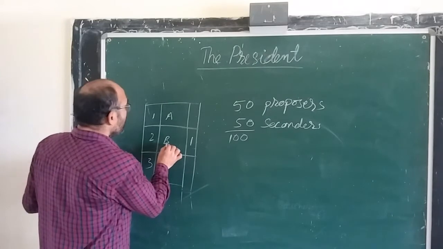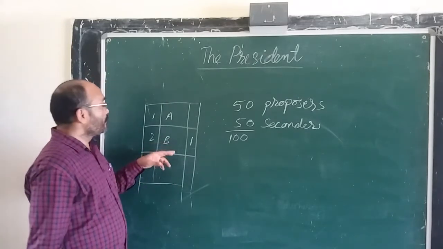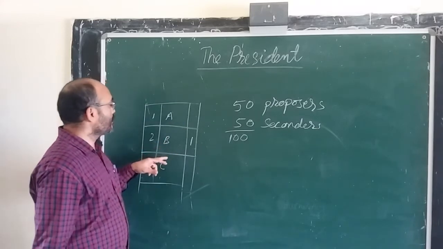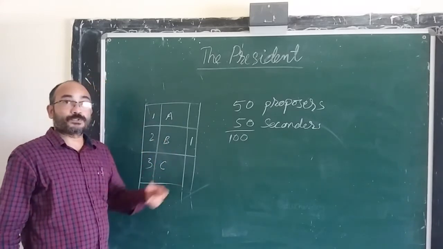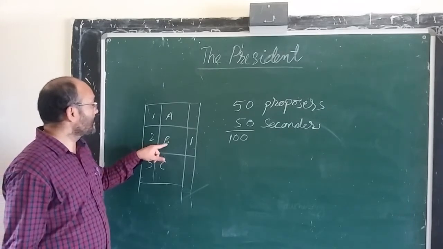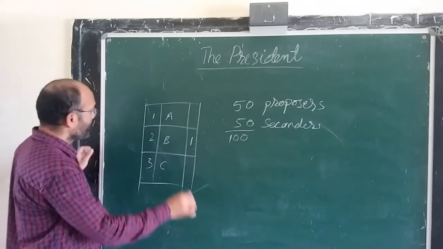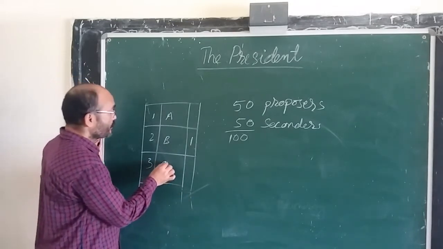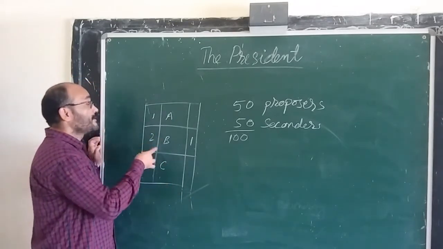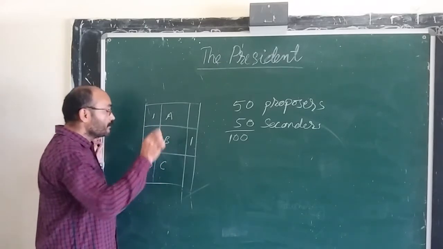Suppose B is not getting elected. If B has less chance to get elected, then I choose who should be the next candidate. In my opinion, the second preference is C. If by chance B is not elected as the president, then C should become the president.